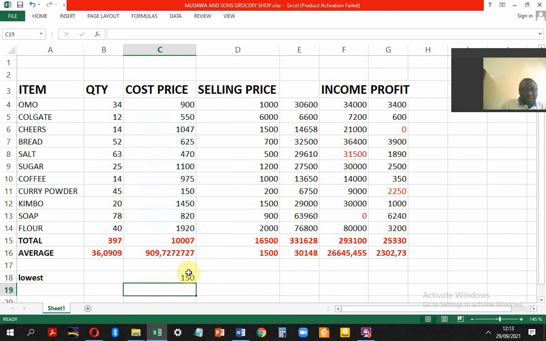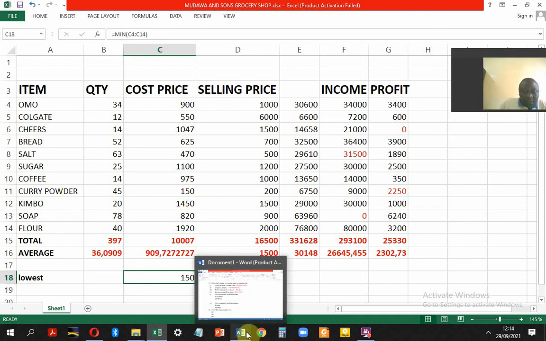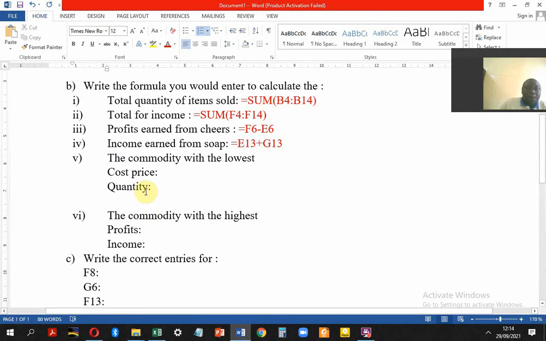You can see that this one here, 150, is the lowest. Even when you use your naked eyes, you can see that 150 is the lowest. So when they ask you for the commodity that is the lowest, it is curry powder. So we go back to the question: what is it asking us to do? The commodity with the lowest cost price, and they are asking us to write the formula you would enter to calculate.